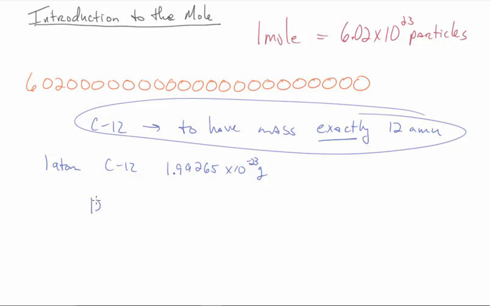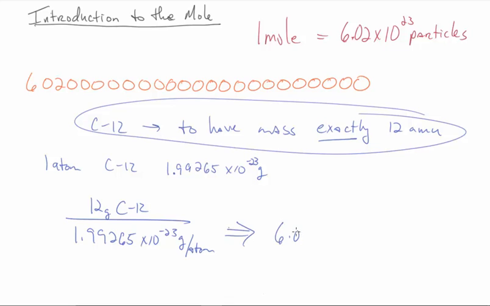So what we did is we took 12 grams of carbon-12, we divided it by the mass of one atom, per atom, right? And what that leads us to is Avogadro's number, and that's this 6.02 times 10 to the 23rd atoms of carbon-12 in 12 grams of carbon, right?